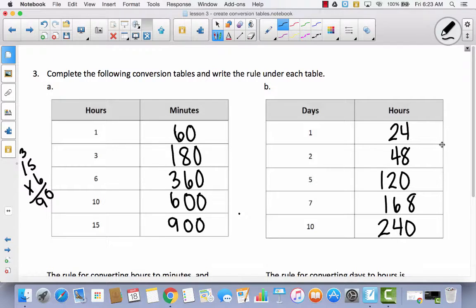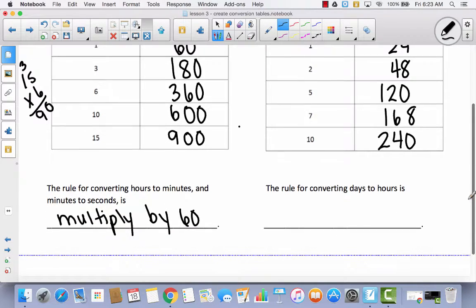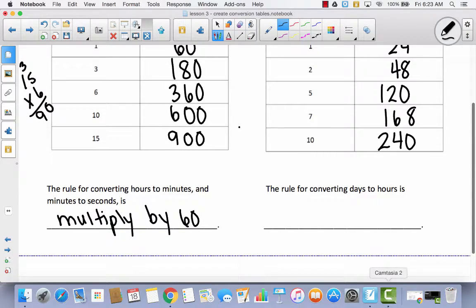Okay, so let's check. So you should have had 24, 48, 120, 168, and then 240. All right, so let's see. The rule for converting days to hours is what? This time we are multiplying by 24, right?